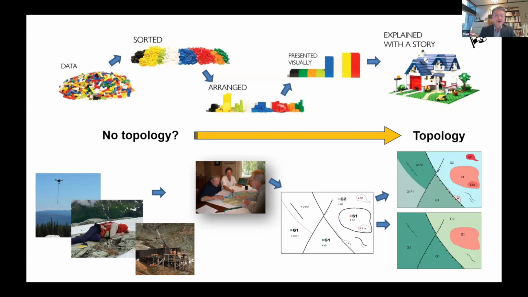To me, topology is the end product. How big you want to build your kitchen in the house, and what's the relationship between the red and the yellow Lego pieces? There's no topology in the back end. It's only when you build the final product, let's have the topology, as explicit as you want it.